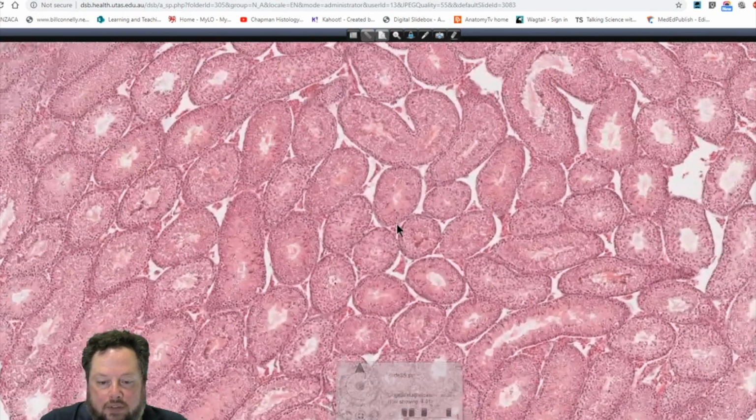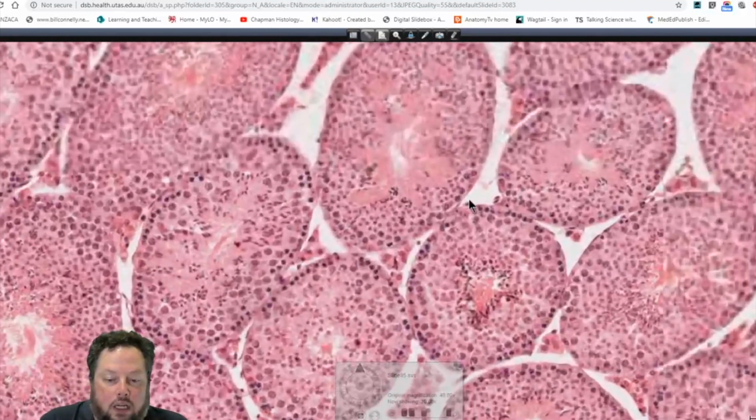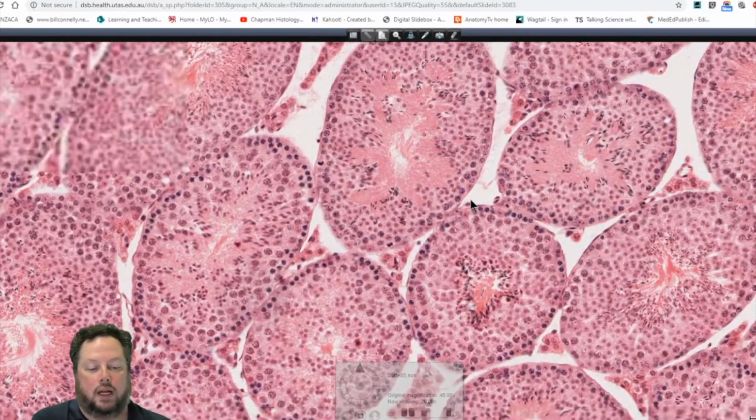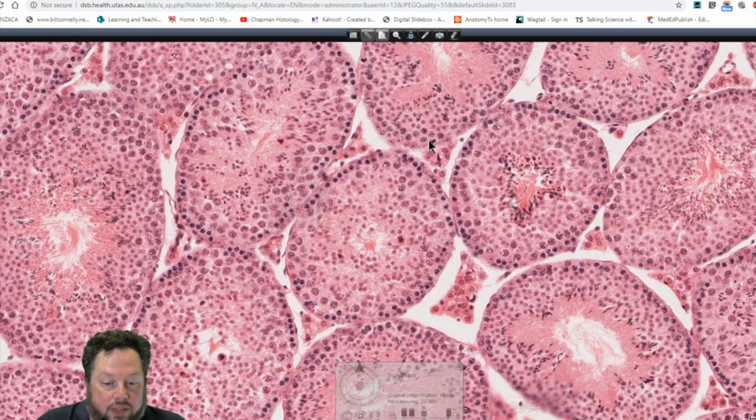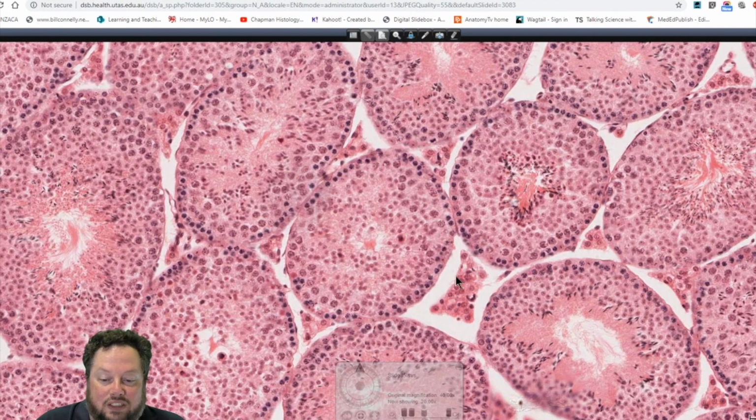All right, so this is another section of the testis. I think this one's from a rodent, a mouse. The reason we can tell that is because look at all these lined up spermatogonia sitting on the basement membrane here. That's very typical of a mouse.